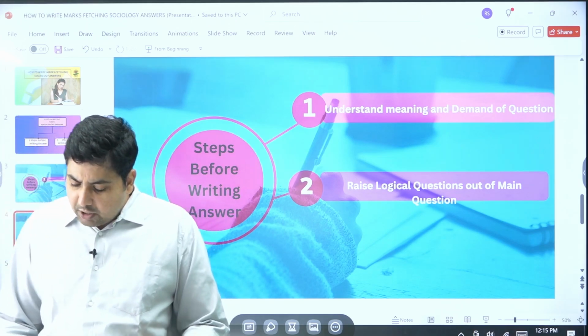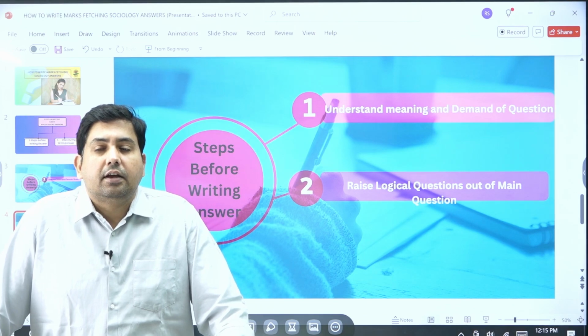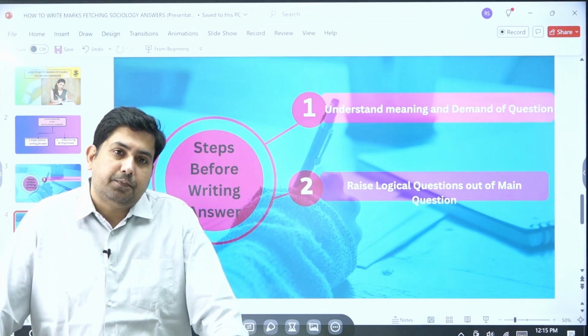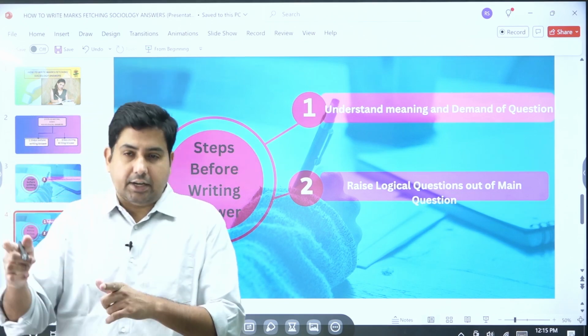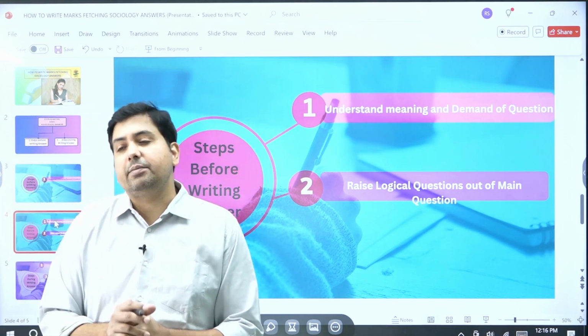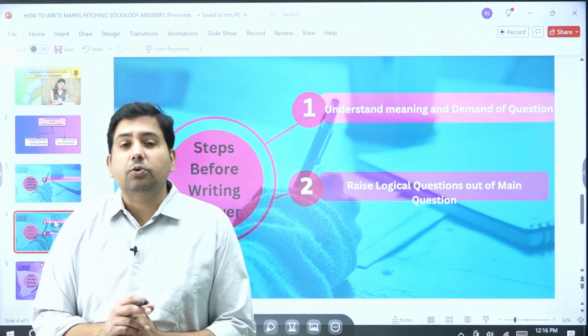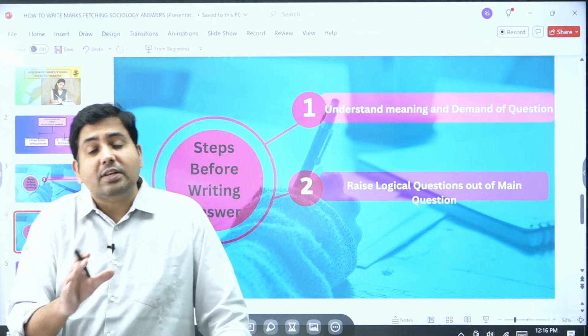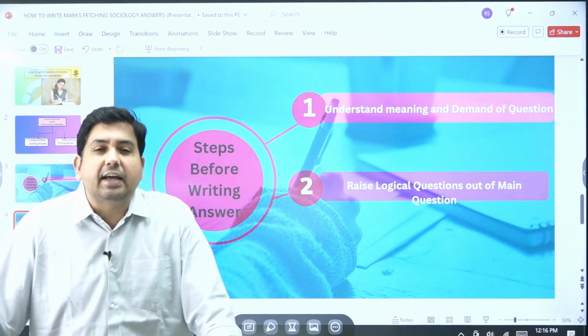The first logical question would be: what is collective conscience? You must try to answer this later on. We'll come to that. So what is collective conscience? One. Second logical question would be: what was Durkheim's treatment of this concept of collective conscience?